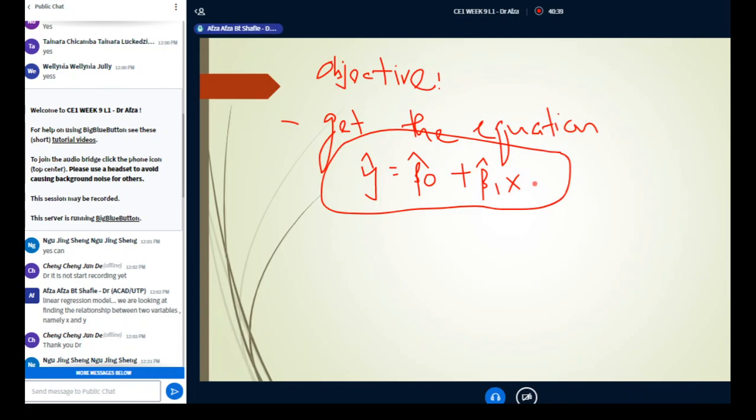That means it's not enough for us to get the equation. Maybe the data that we get this equation from doesn't actually tell you that this is the best equation to model that relationship. So what do we do? Because of this, it's not enough. So we now have to do an assessment.